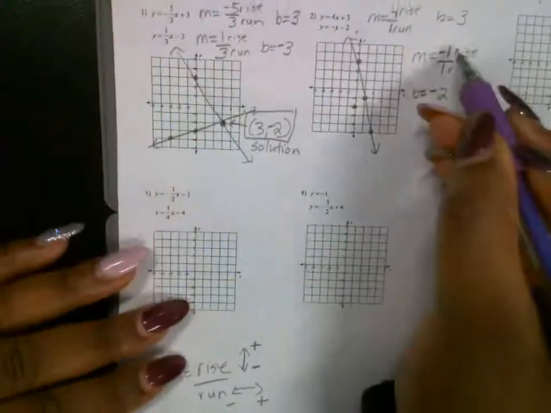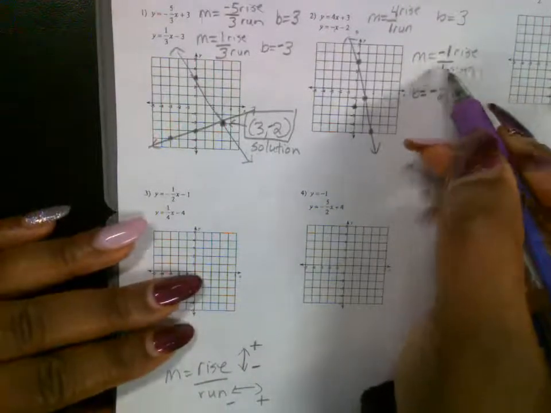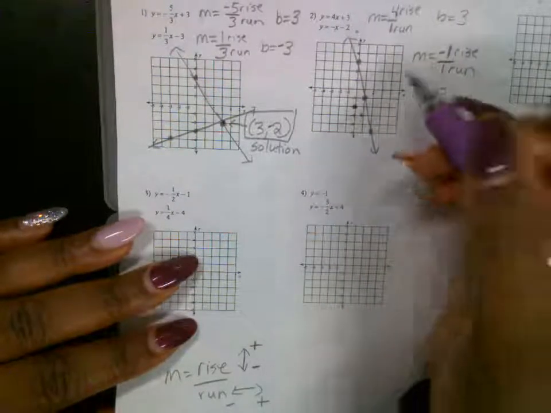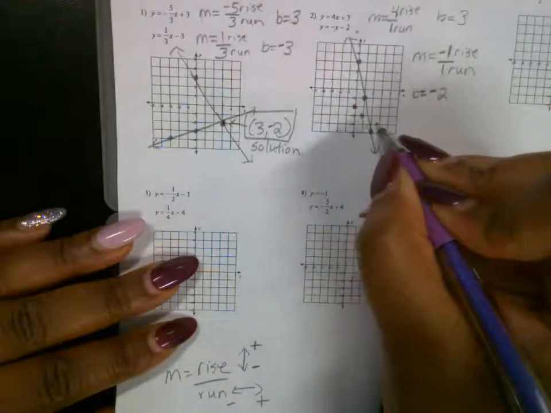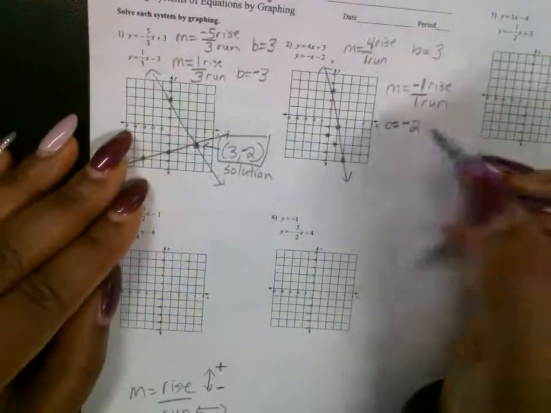All right, so here, this is down 1 to the right 1. So go down 1, right 1. Wait a minute. Did I do that right? Yeah.